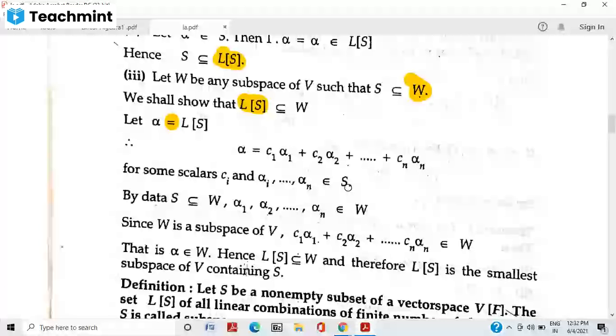All these alpha i belong to S. But S is contained in W, so all these alpha i belong to W. Then W is a subspace, so this linear combination belongs to W. Why does this linear combination belong to W?